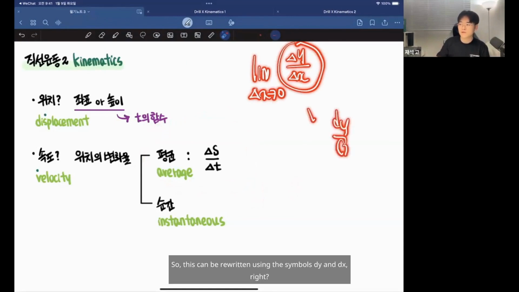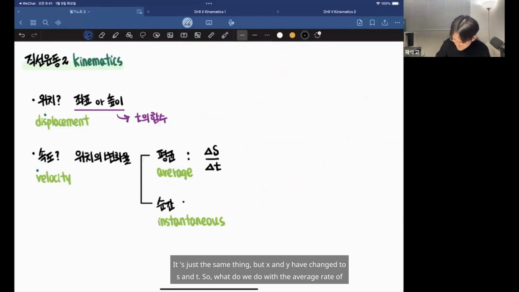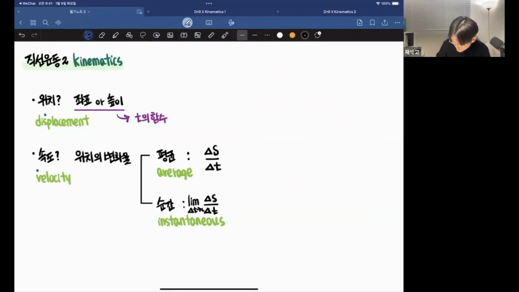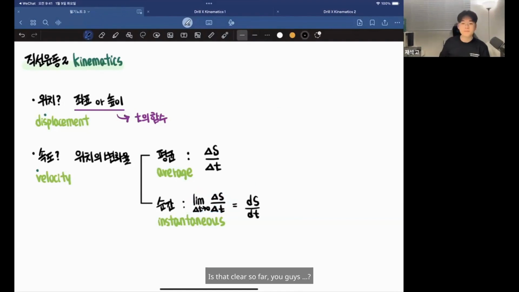So this can be rewritten using the symbols dy and dx, right? It's just the same thing, but x and y have changed to s and t. So what do we do with the average rate of change we just calculated? If we let the change in the denominator, delta t, approach 0 in delta s divided by delta t, it just becomes the instantaneous rate of change, and we write that as ds/dt. Is that clear so far, you guys?